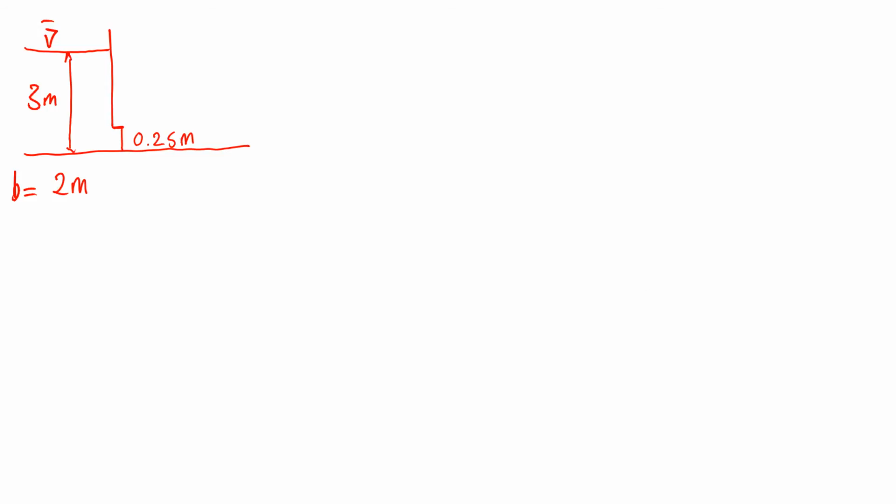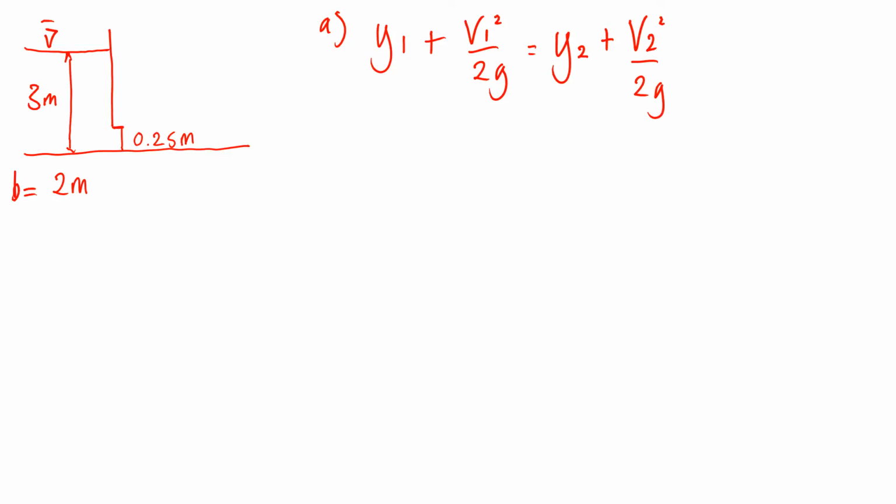So part A. You've got the energy equation as y1 plus v1 squared over 2g is equal to y2 plus v2 squared over 2g.